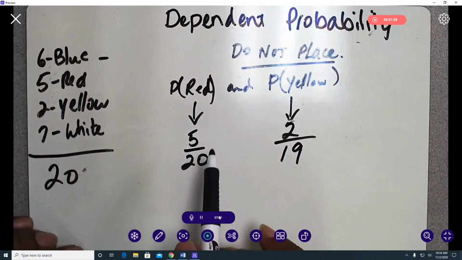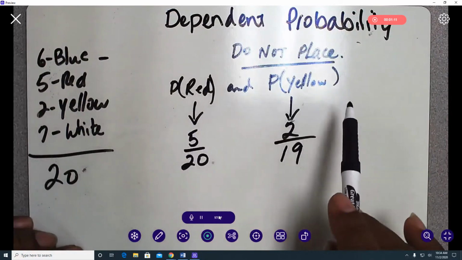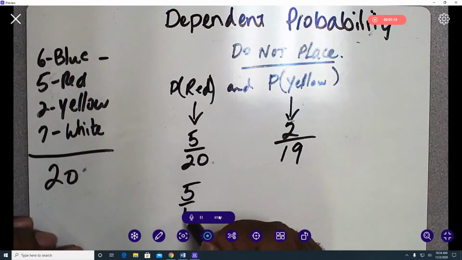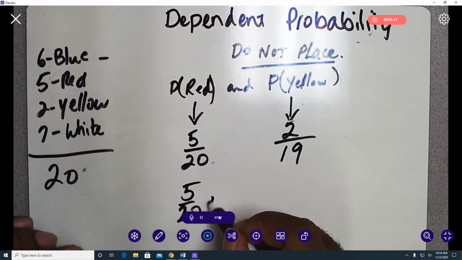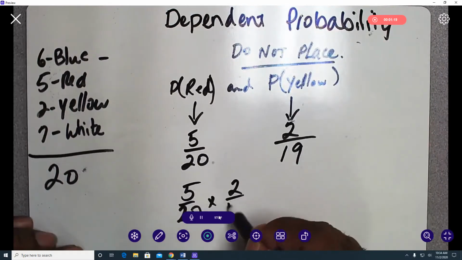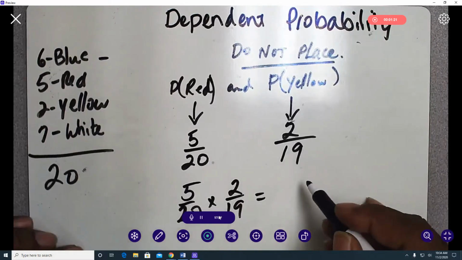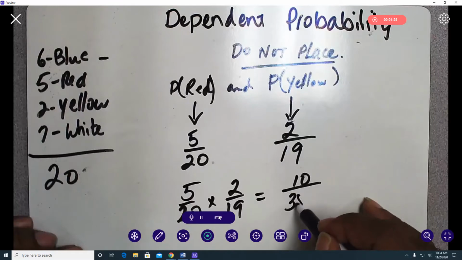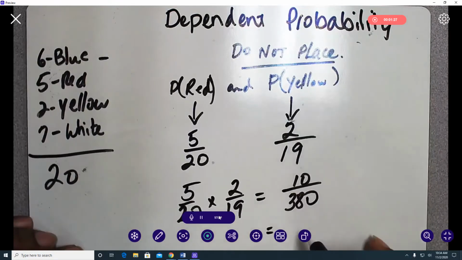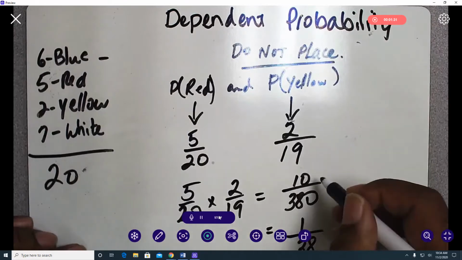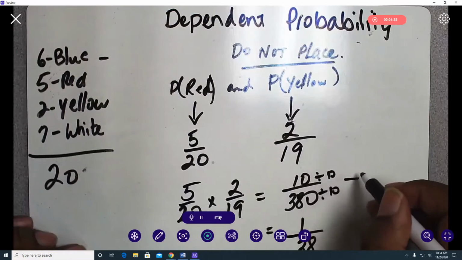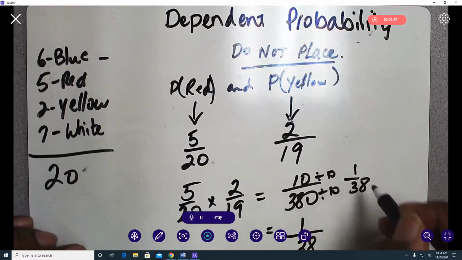So to find the probability of red then pulling a yellow would be the probability of the red times the probability of the yellow, and that would be 10 over 380, and that would be 1 over 38. Because we can simplify this, divide both of these by 10, that gives us 1 over 38.